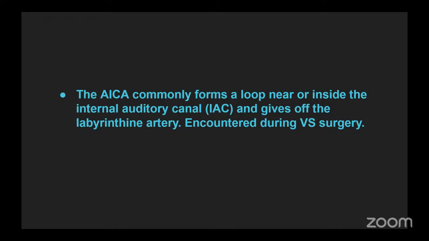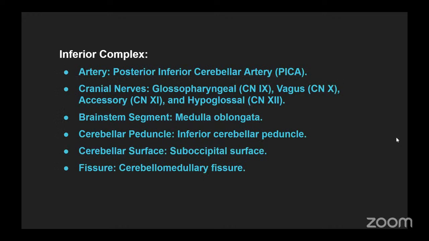So any perforator that you encounter during vestibular schwannoma surgery, you have to be very careful in terms of coagulating. Bipolar is your best friend, but bipolar is also the biggest enemy. Anybody who has been listening to me for a while knows that I say this.